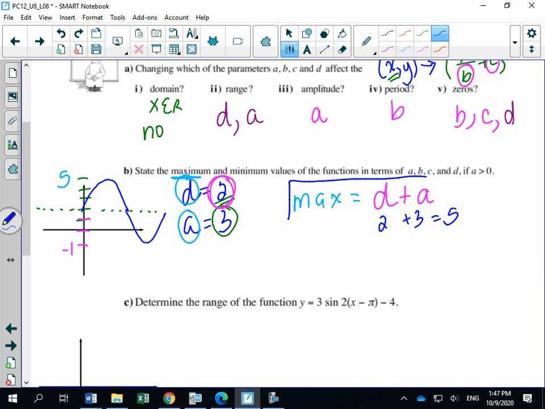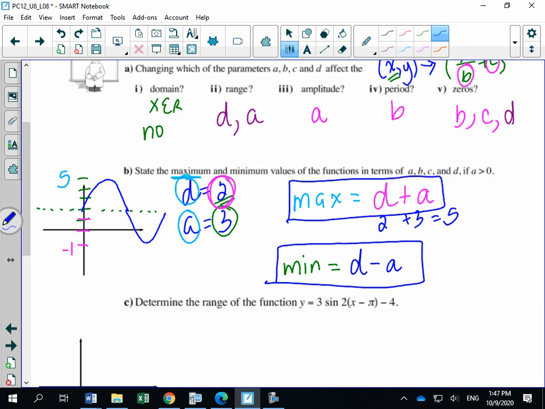So this is what you would use to figure out the maximum of any graph. The minimum of any graph using my A and my D value is you would take your midline and subtract A. This would give you your formula for your minimum value on any graph. Let's apply it. My D value was 2 and my A value was 3. 2 minus 3 is -1.